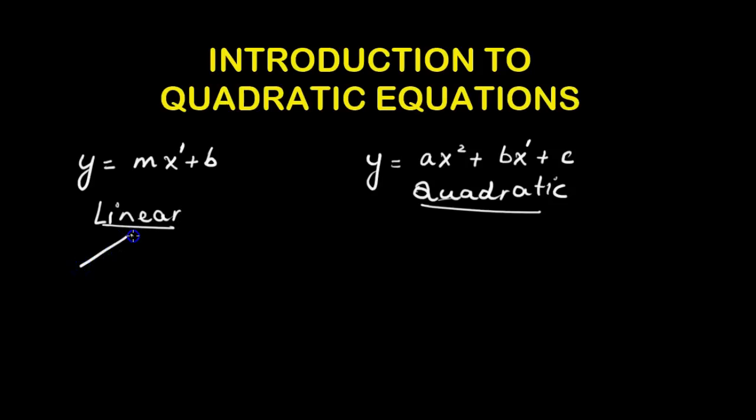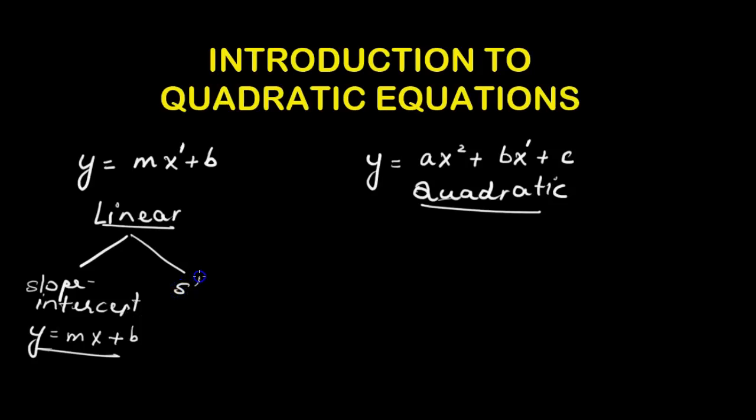Now, as we know, linear equations are written in two different forms. One is slope-intercept form, that is y equal to mx plus b. The second form is standard form, which is ax plus by plus c equal to 0.